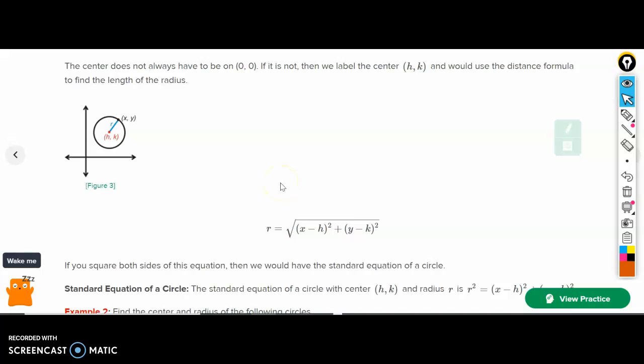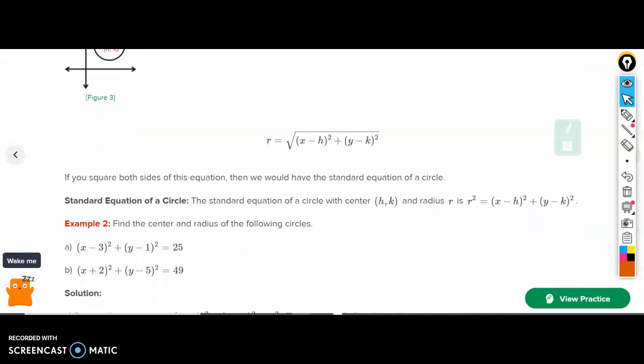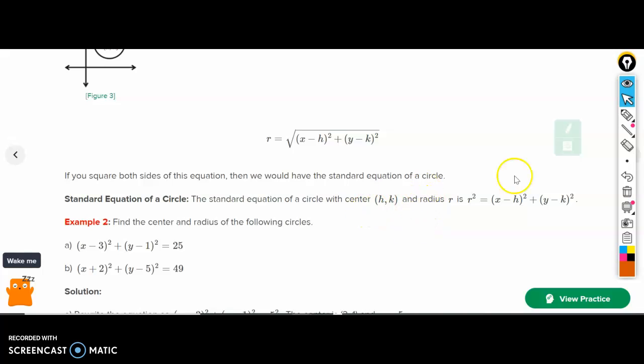If you square both sides of the equation, then you're going to have the standard equation of a circle. So the standard equation of a circle with the center (h, k) and a radius of r is r squared equals x minus h squared plus y minus k squared.